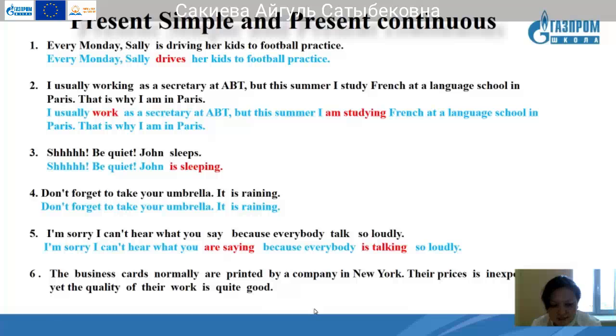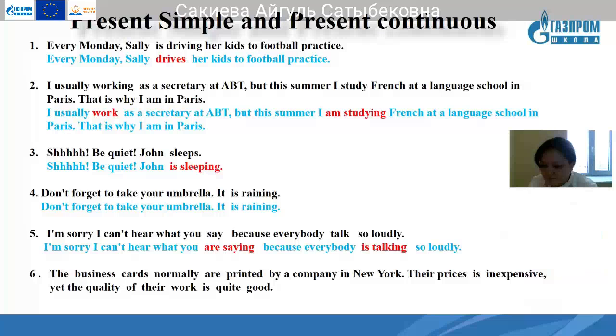Next, the last one. The business cards normally are printed by a company in New York. The prices is inexpensive, yet the quality of their work is quite good. Could you please help me to correct the sentence? Okay.